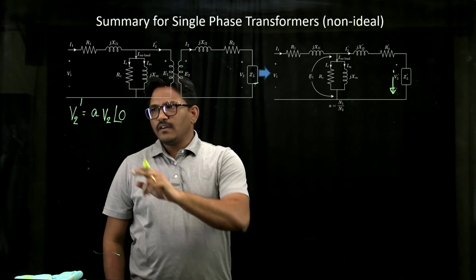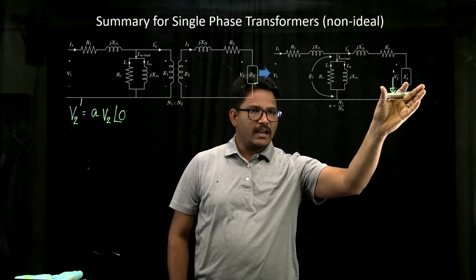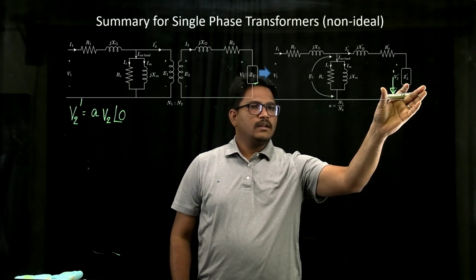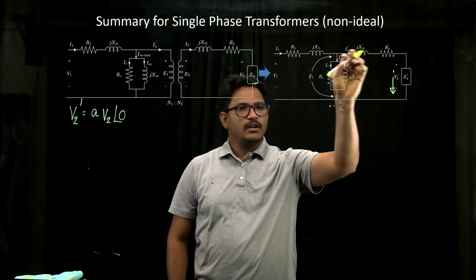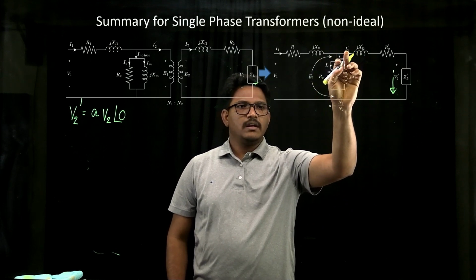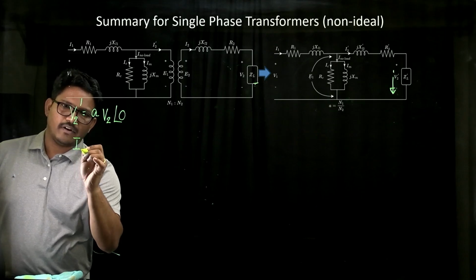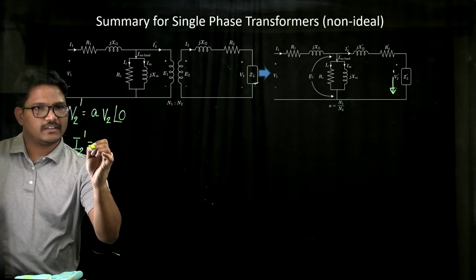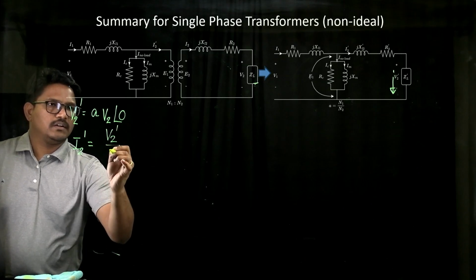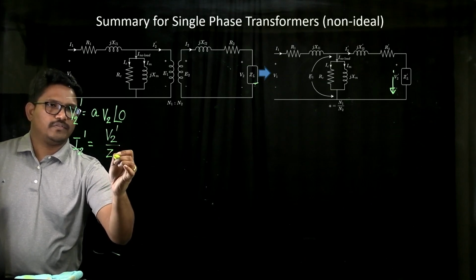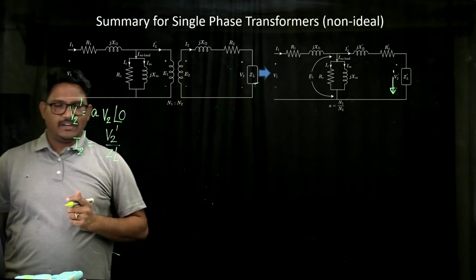Now, if you know the value of V2 dash, then the current flowing through this particular branch, which is the same as I2 dash, can be calculated as V2 dash upon ZL dash. That's what we get from our second equivalent circuit.